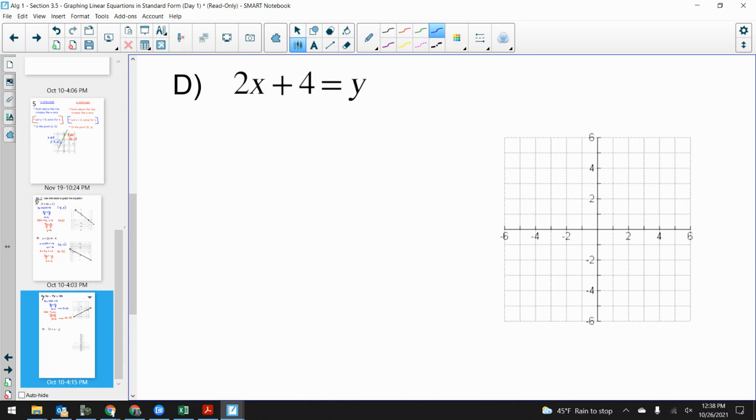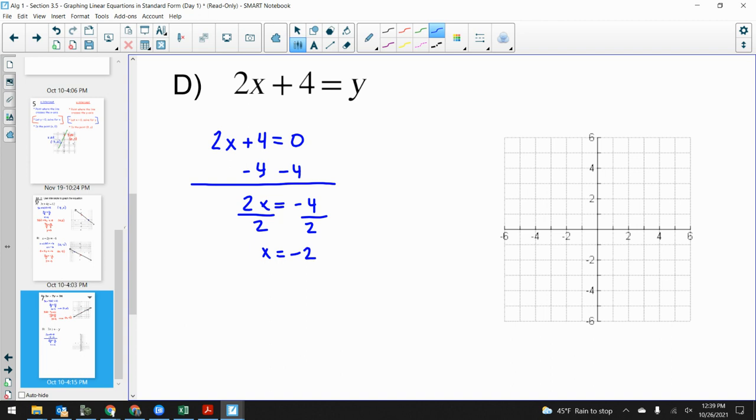So you say let y equal 0. 2x plus 4 equals 0. And now we solve for x. Okay, let's subtract over the 4. So we have 2x is equal to negative 4. We divide by 2.